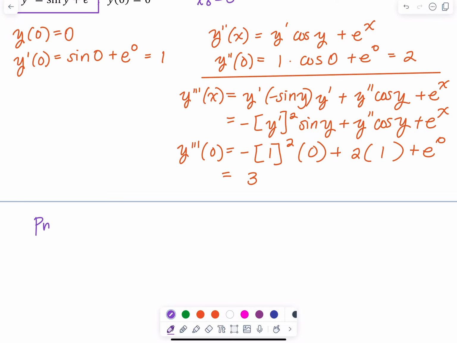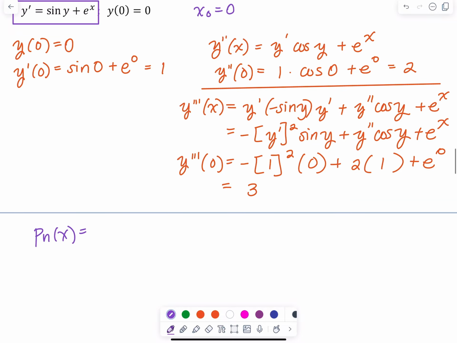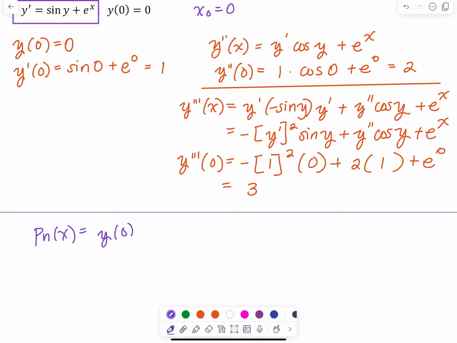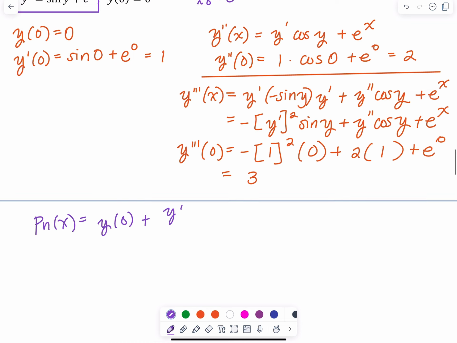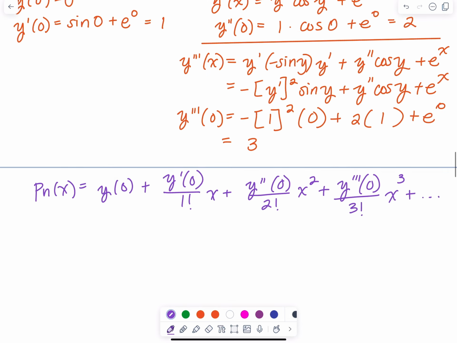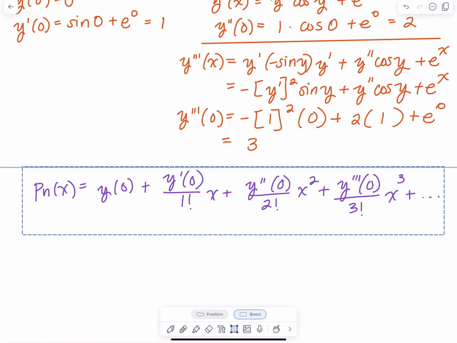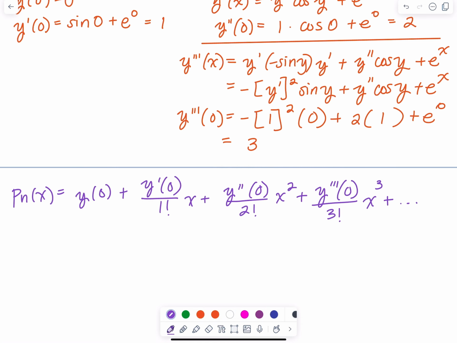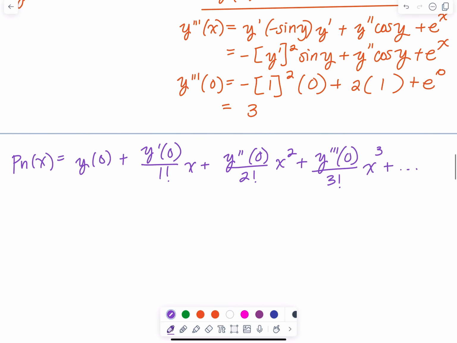So right now, the Taylor polynomial is equal to y of 0 plus y prime of 0 divided by 1 factorial multiplied by x, y double prime of 0 divided by 2 factorial multiplied by x squared, y triple prime evaluated at 0 over 3 factorial multiplied by x cubed, and so forth, all the way to that nth term. So now what we'd like is the first 3 terms.